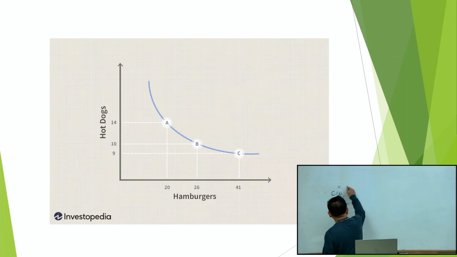And combination A consists of 20 hamburgers and 14 hot dogs.